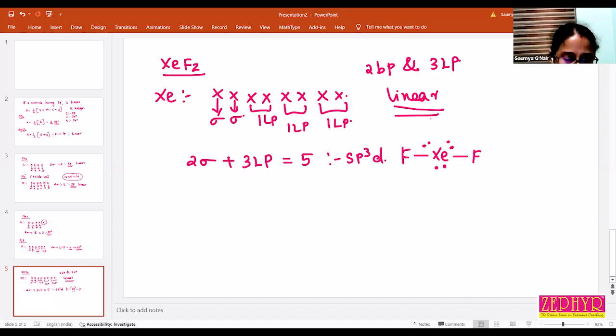So this is also linear. The next, NO2 plus. Nitrogen's outer shell contains 5 electrons. In NO2 plus, 1 electron is lost, so 4.